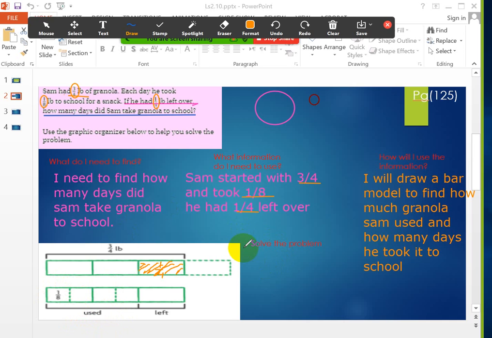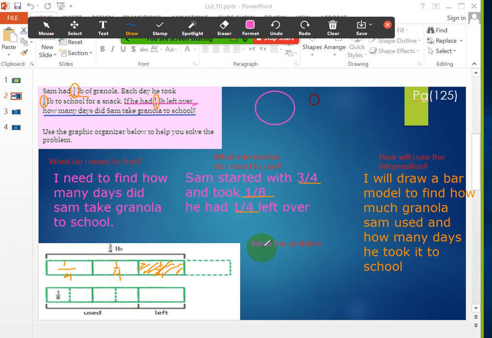So the model shows that Sam used 1/2, because 1/4 and 1/4 equals what? Equals 1/2. Okay, so this is the amount that Sam used, 1/2.